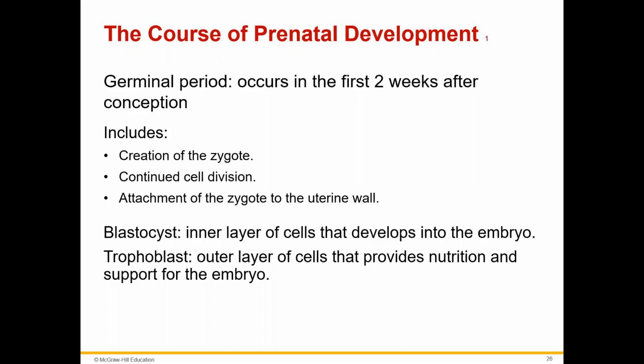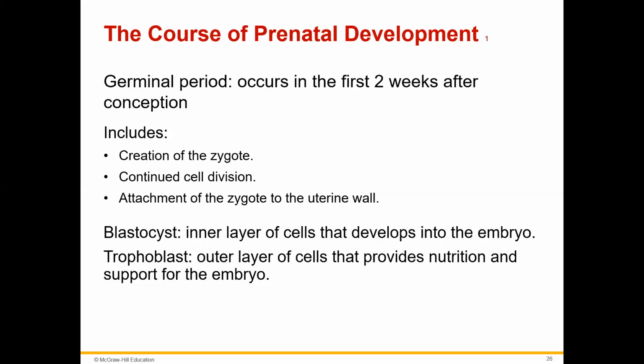The continued cell division will happen during these first 2 weeks, where that one zygote splits and becomes two cells, and the two cells will then split and become four cells. Once again, that is the process of mitosis, where the cells split and duplicate themselves.